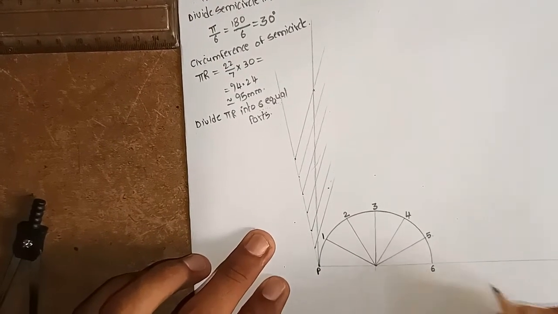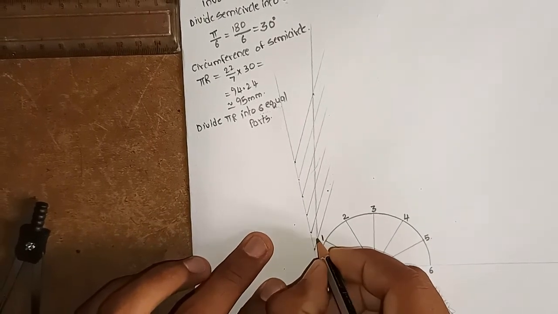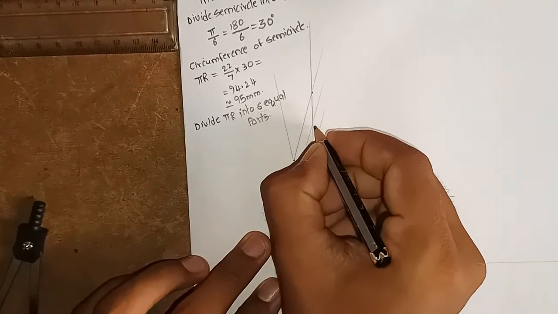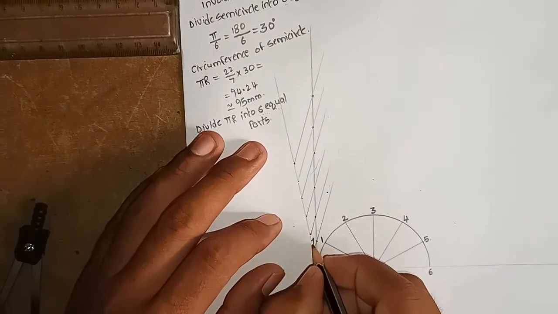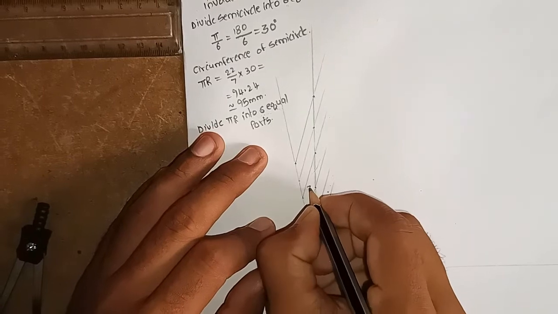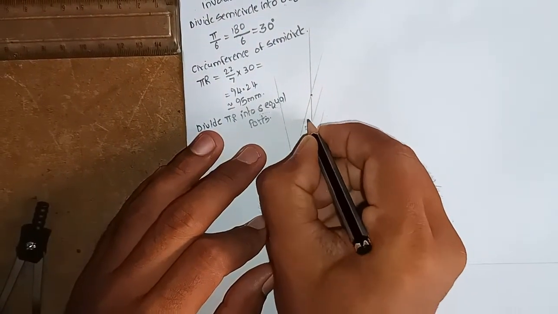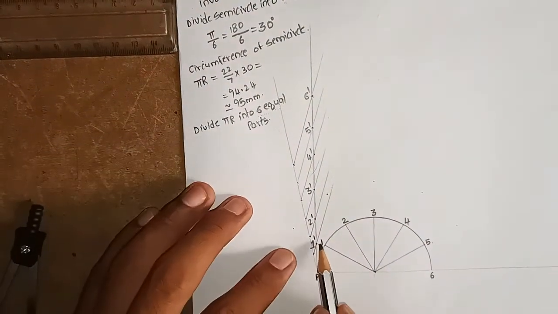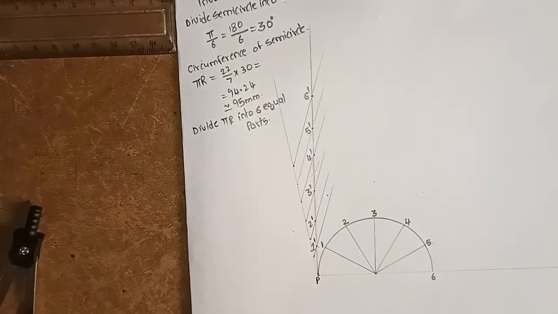Now we have to give the numbering to those points: 1 dash, 2 dash, 3 dash, 4 dash, 5 dash and 6 dash. Actually we are not going to use all those points, students, but we have to draw it.